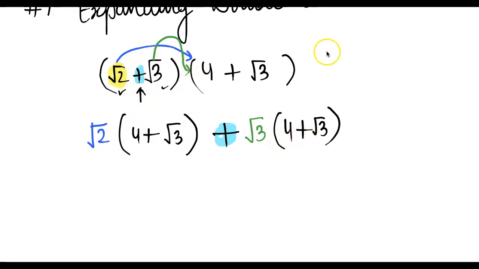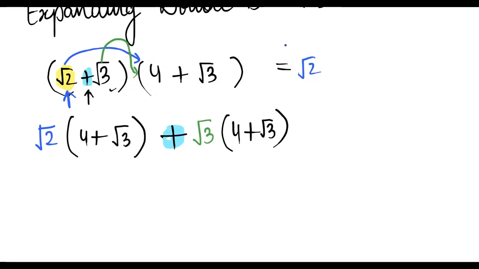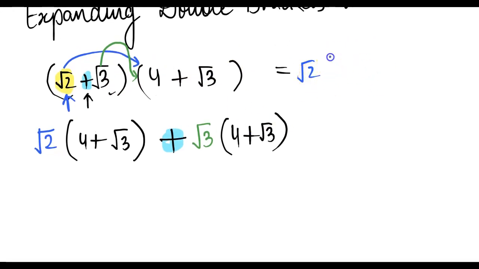If you're getting confused expanding this, many times what I do is write how many terms are there. Both have 2 terms, so not a problem. You can write root 2 with some gap, then add a connector and root 3.